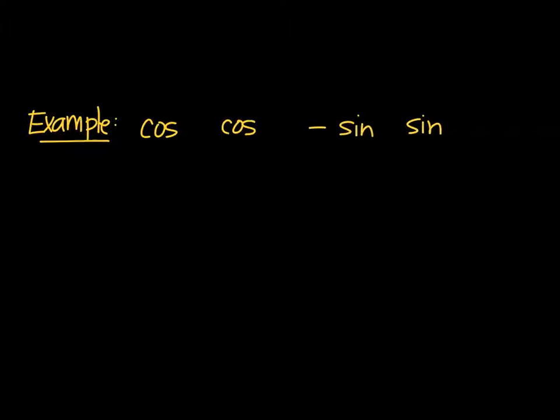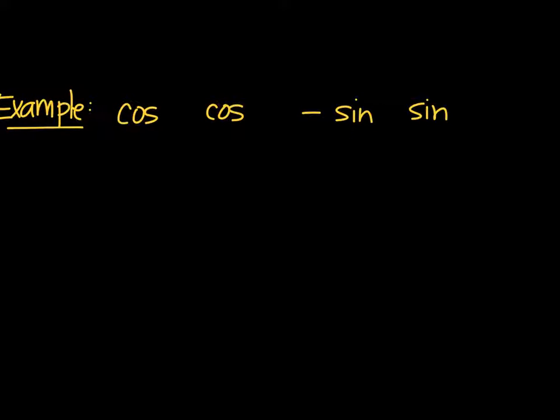So let's do it backwards. Suppose someone else has already expanded it for you, and it looks like this: cosine, cosine, sine, sine, filled in with 50 and 13 and 50 and 13. Someone else has already done the work. Can you put the pieces back to where it came from?